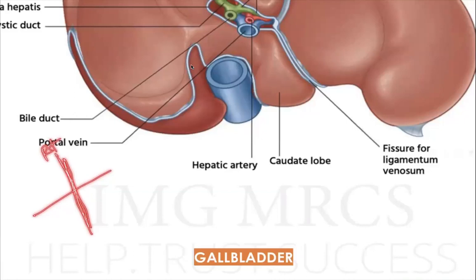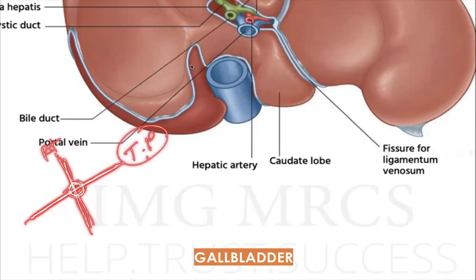So this is the first line, and the second line you have to make at a right angle is the transpyloric plane, which corresponds with the 9th costal cartilage. If you make this line, this is the point where you have the tip of the gallbladder.